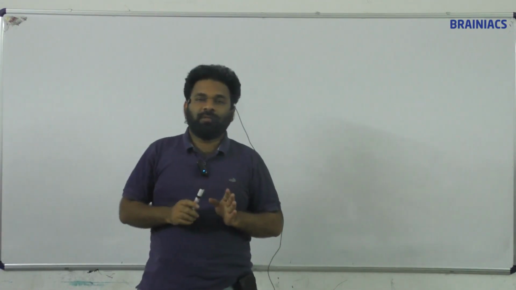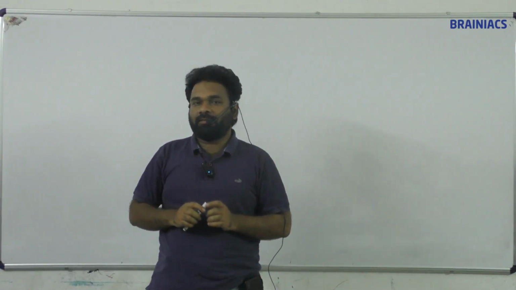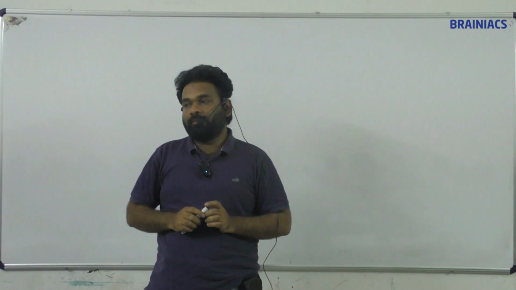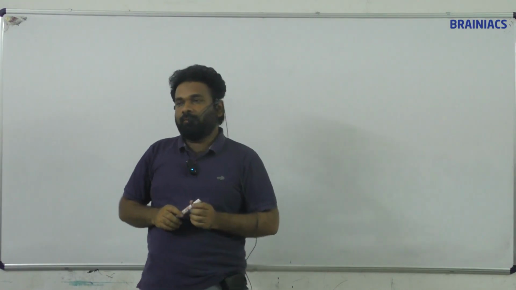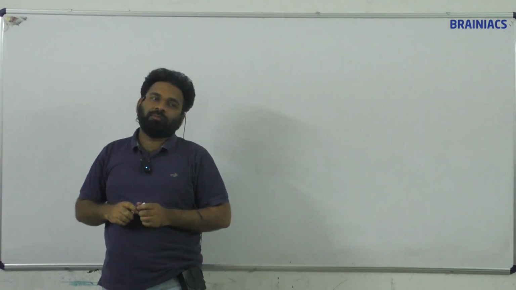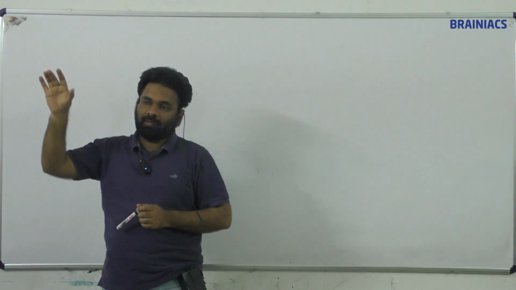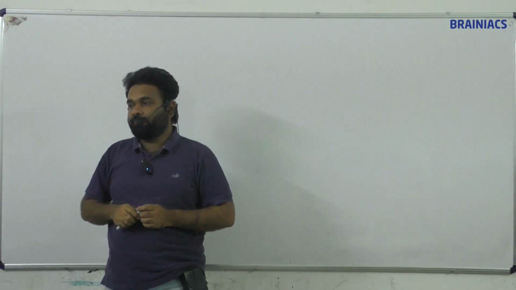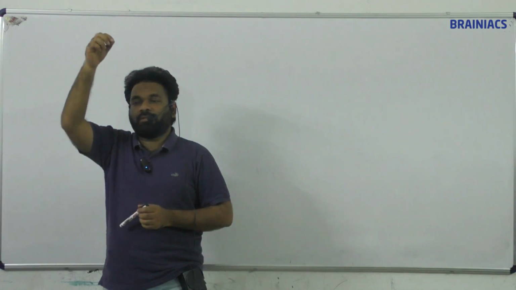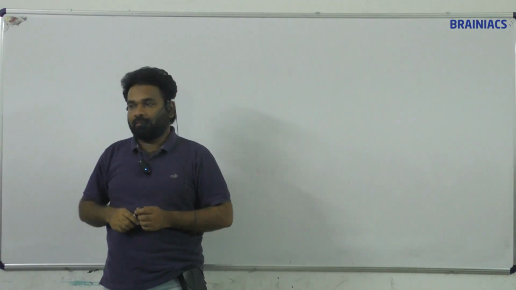So we have seen various cases of simple pendulum yesterday. Now one more case: suppose a car is coming down an inclined plane and this pendulum is attached on the roof of the car.